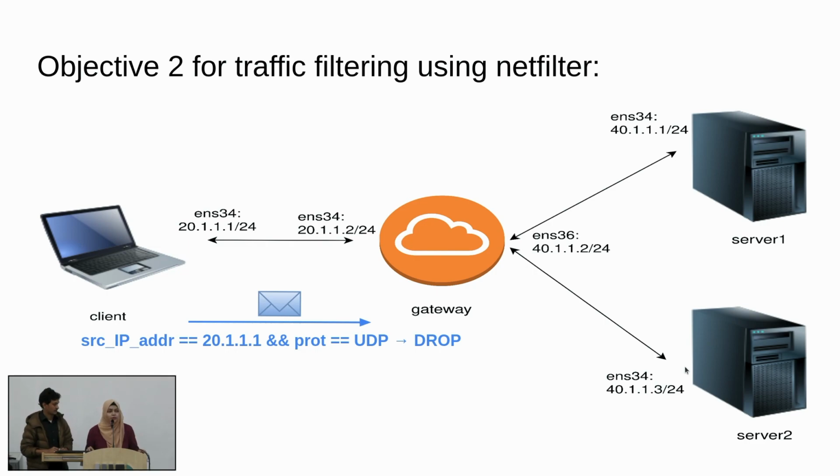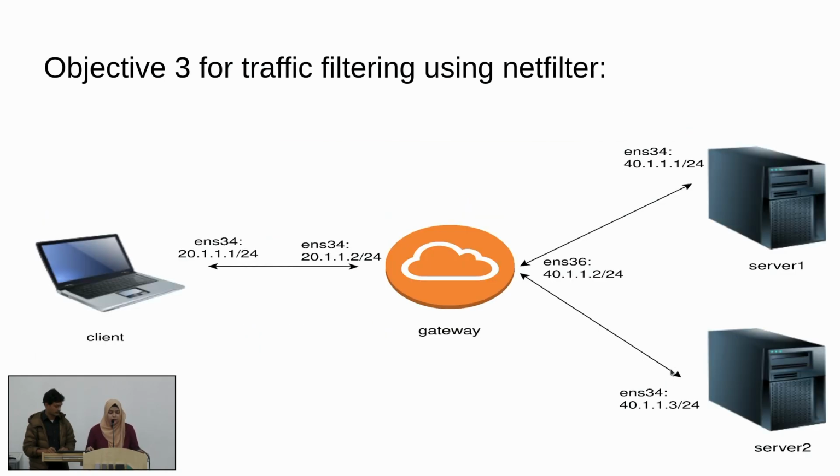I want you to keep this picture in mind, so that as soon as we implement the functionality, you have it in mind. The third objective will be to block all the traffic going from the gateway to server 1.